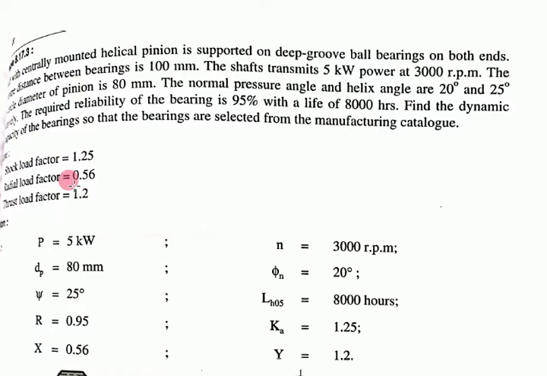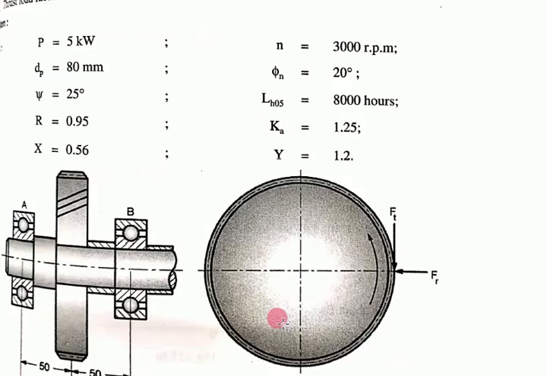So three things are also given here. Assume shock load factor 1.25, that is Ka, then radial load factor is 0.56, and thrust load factor is 1.2. So Ka, X and Y are given.